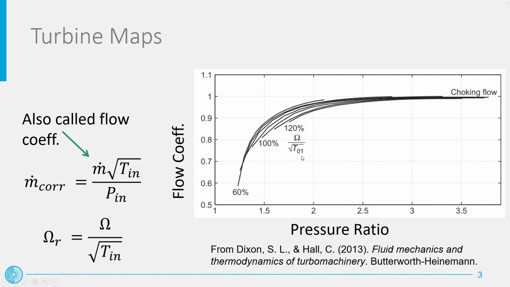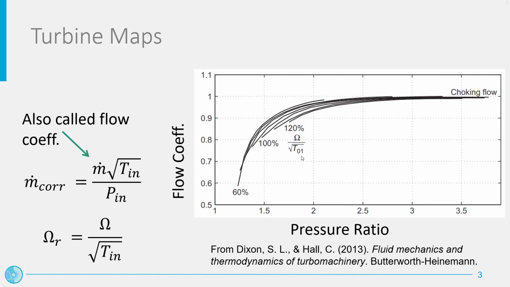The corrected speed is defined as the ratio between the actual rotational speed of the turbine and the square root of the inlet total temperature of the turbine. So the turbine characteristic curves are mapped according to three parameters: the corrected mass flow rate, the corrected speed, and the pressure ratio. Maybe you already know these quantities from other courses dealing with turbo machinery or aero engines.